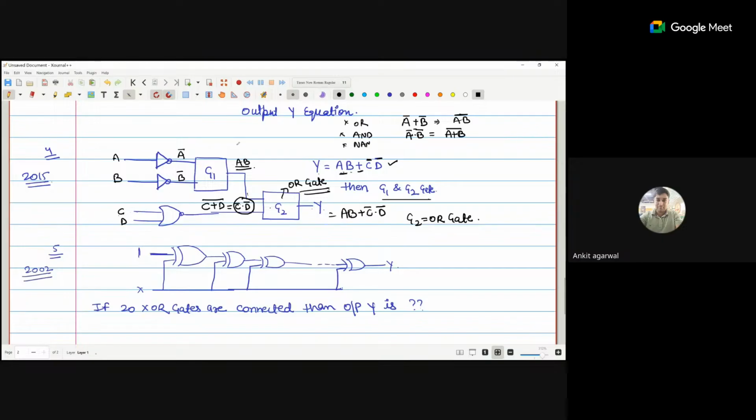Go to the NAND gate, A bar dot B bar and whole bar. If I break it, it is A bar bar plus B bar bar, that means A plus B. Now we require a NOR gate, that is A bar plus B bar whole bar. If I break this, A bar bar dot B bar bar, so the bar bars cancel out and it becomes AB. And what we required? AB. So G1 is NOR gate.